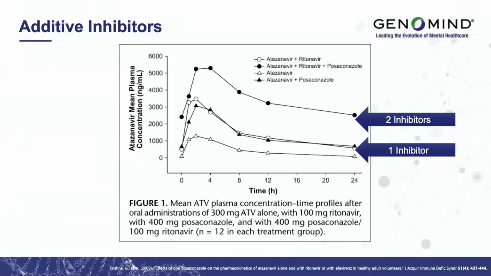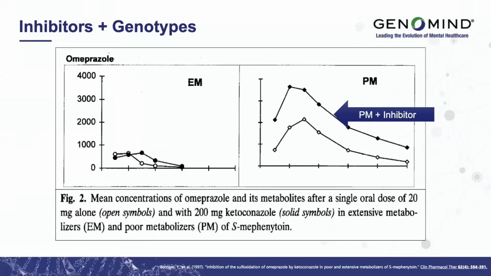And then last but not least, we know that your genetics, together with drug-drug interactions, can change your blood levels also. So here's 2 images of omeprazole, which is Prilosec, an over-the-counter antacid. So here's Prilosec in extensive metabolizers with an inhibitor. There's not much of a difference in the AUC. Now, what if you did that in a poor metabolizer?